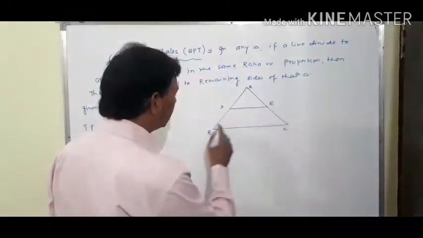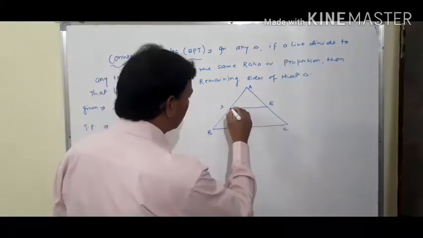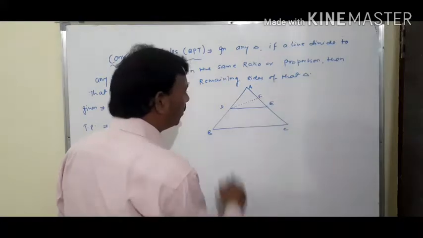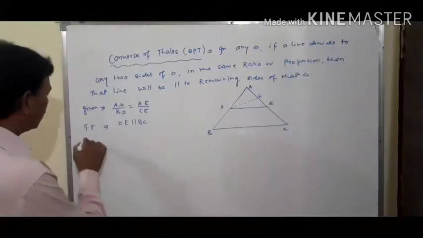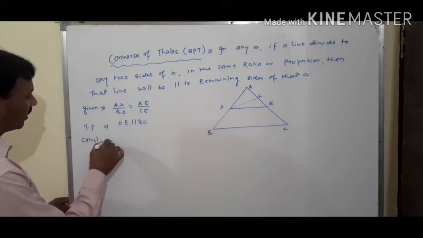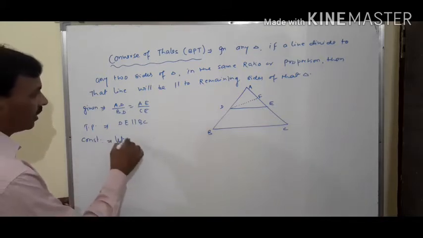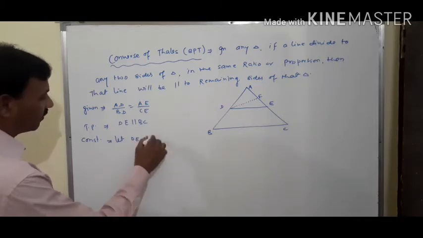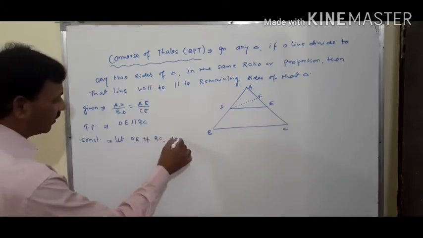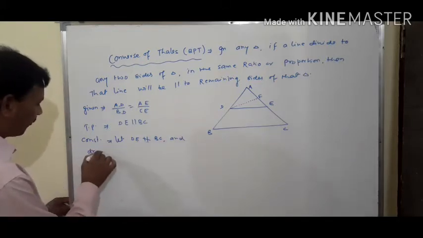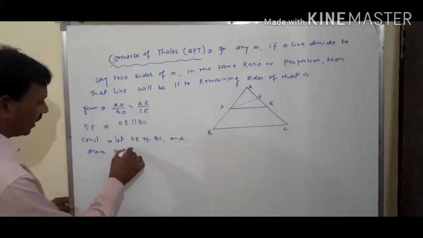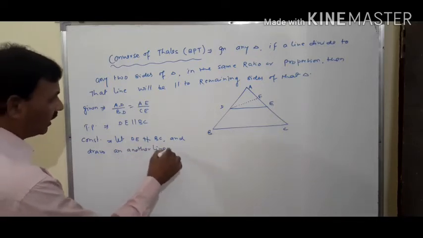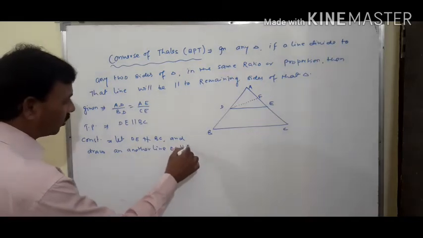Suppose DE is not parallel to BC, we draw another line DF which is parallel to BC. So construction: let DE not be parallel to BC, and draw another line DF which is parallel to BC.